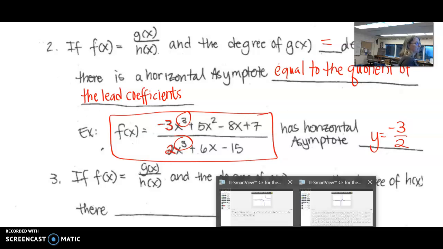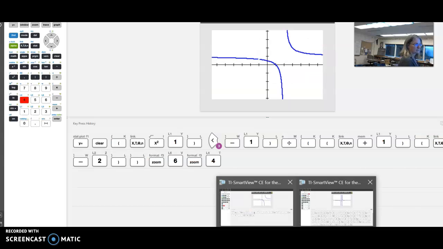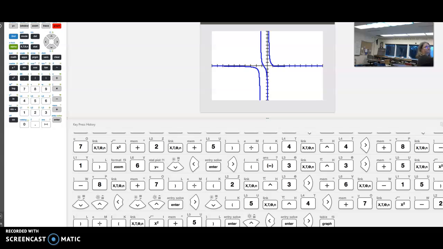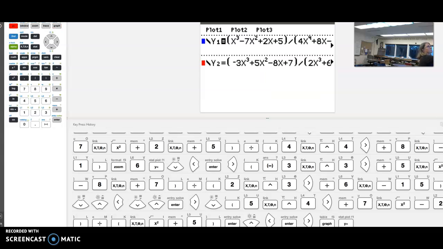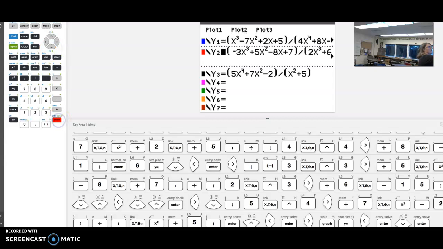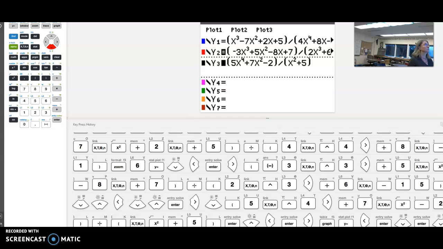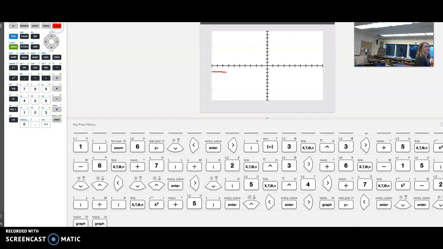Okay, so I graphed this function. Turn this graph off, that was the previous example. I'm going to turn this one on. You just do that by highlighting the equal sign. And we have a kind of strange looking graph here, but you can see it has a vertical asymptote.